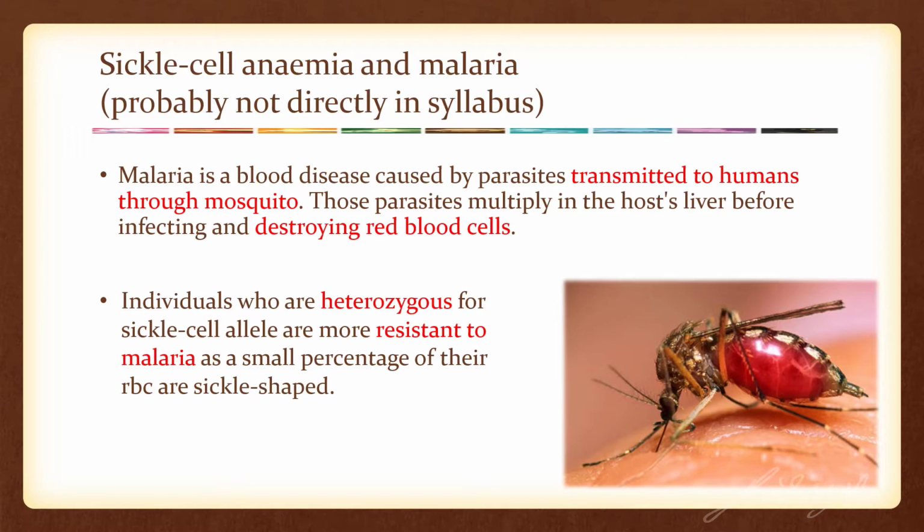So in places where malaria is very common, being heterozygous for sickle cell anemia might be an advantage. This is a good example whereby a negative phenotype might actually provide the individual with an advantage in the given environment.